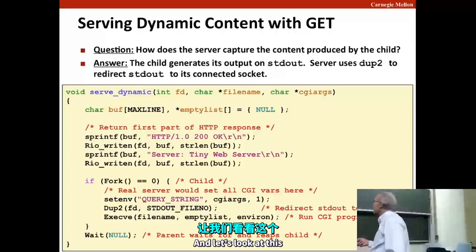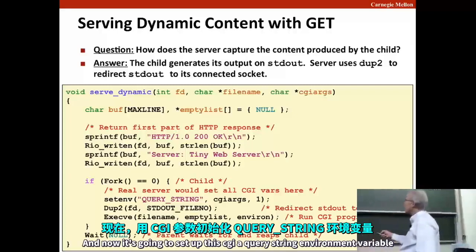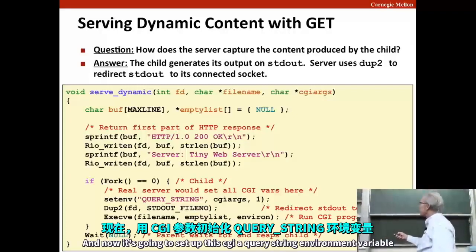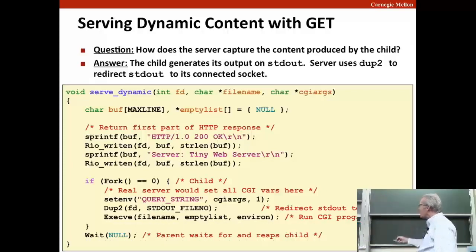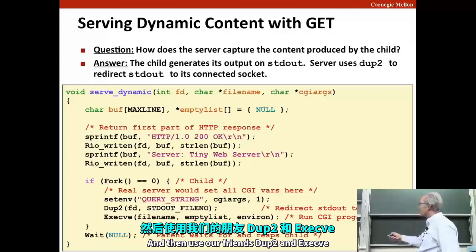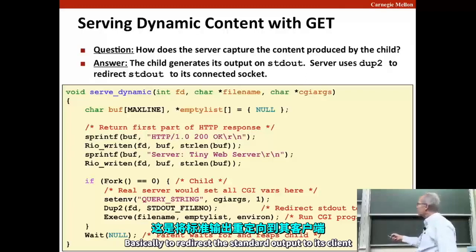And let's look at this. And now it's going to set up this CGI query string environment variable, and then use our friends dup and exec basically to redirect the standard output to its client.